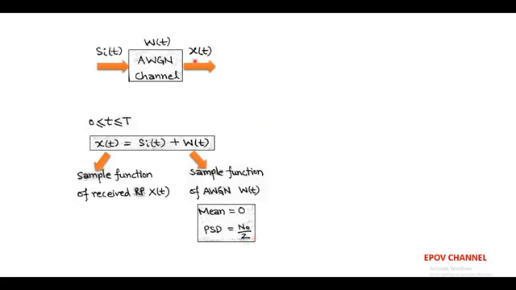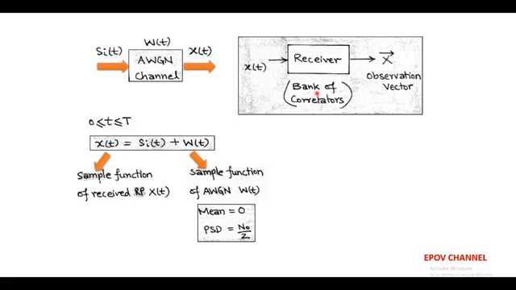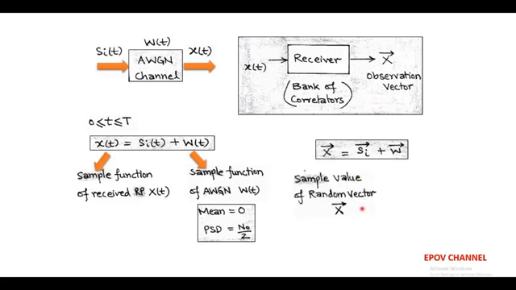After this, the received signal x(t) is passed through a bank of correlators which transform it into an observation vector, that is capital X vector, which represents the sample value of a random vector and equals the summation of the transmitted signal vector si and Gaussian noise vector W.